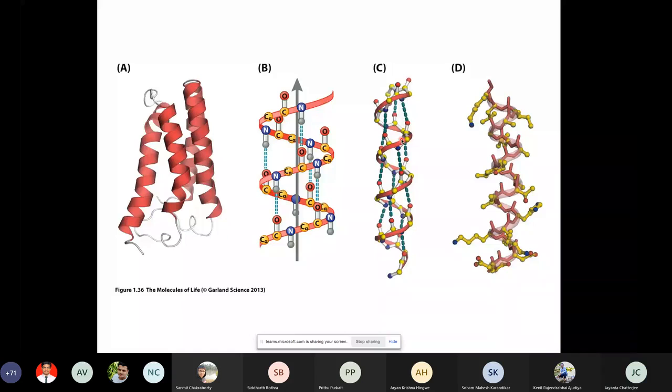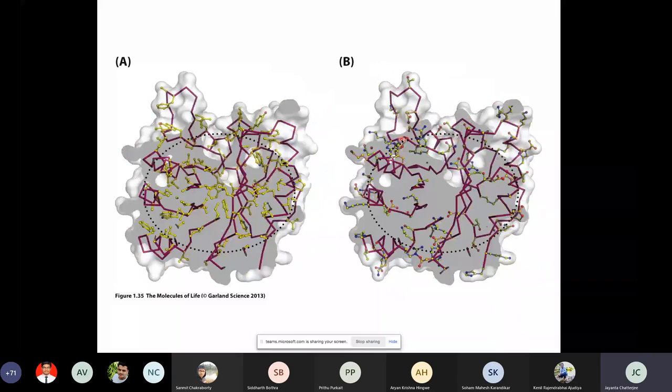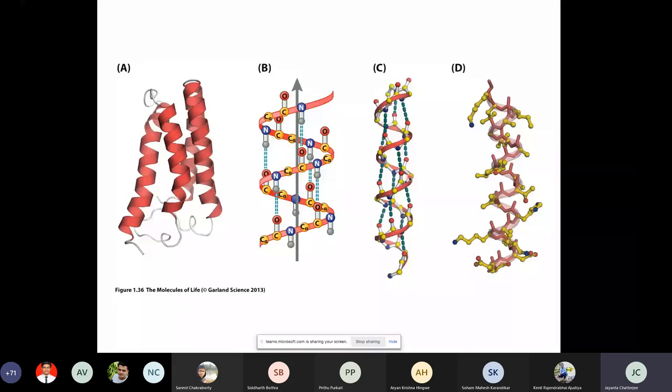That is why, even if you have amide backbones which are very polar, water molecules do not have access to them, because they are very well satisfied by the formation of the intramolecular hydrogen bonds.